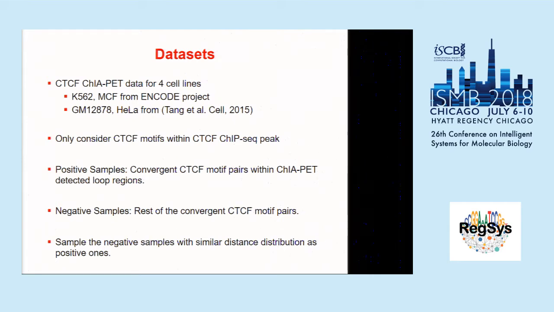We define negative samples as the rest of the convergent CTCF motif pairs. After that, we sample the negative samples with a similar distance distribution as the positive ones. We did this because it is known that the distance between motifs is crucial to deciding whether they would form a loop or not. So we want to reduce the contribution of the distance feature so we can focus on other important factors as well.